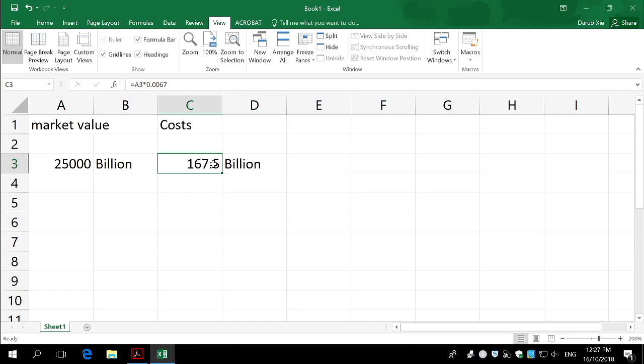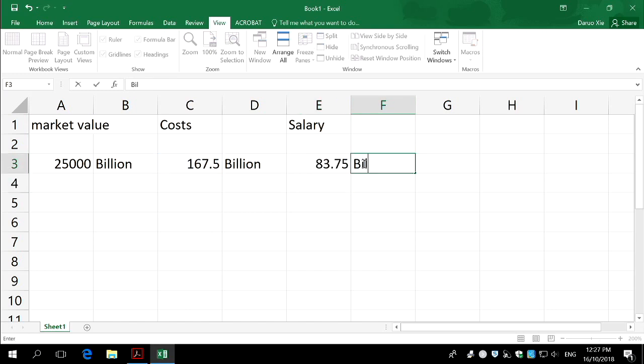Suppose half of it becomes salary. In this industry, let's assume that just half of that money becomes salary. Then all those people can earn almost 100 billion. How many people can you hire with this amount of money?